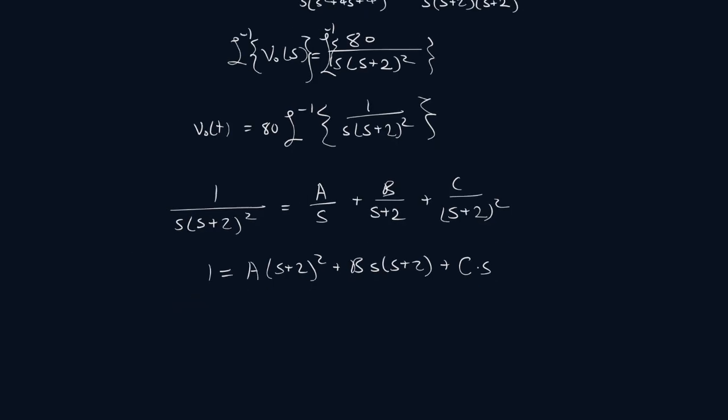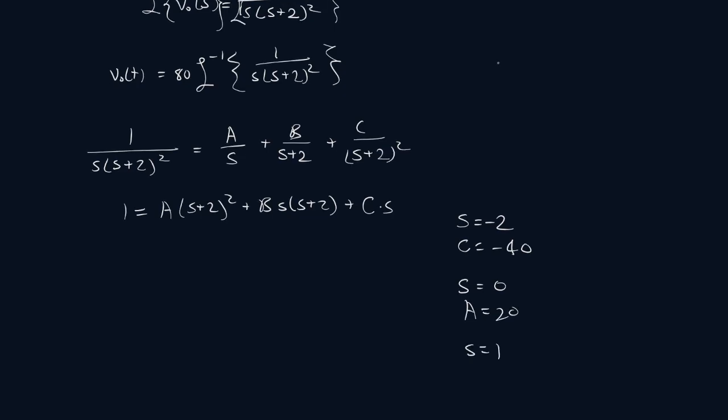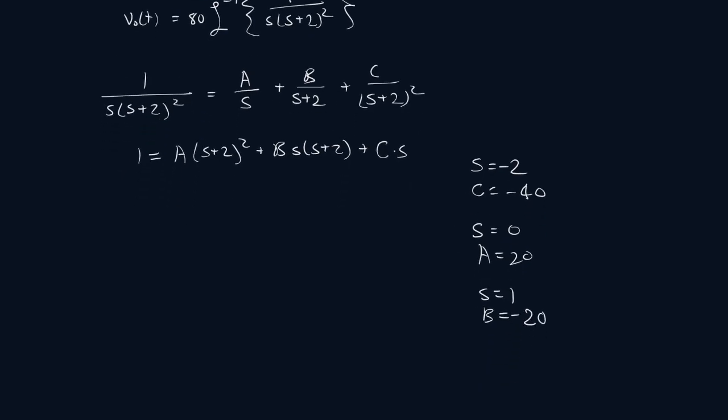Okay? Now, if we let S be minus 2, you should get C to be minus 1 over 2. If we let S be 0, you should get A to be 1 over 4. And if you let S be 1, you should get B to be minus 1 over 4. You can choose different S values as well, you should get the same answer.